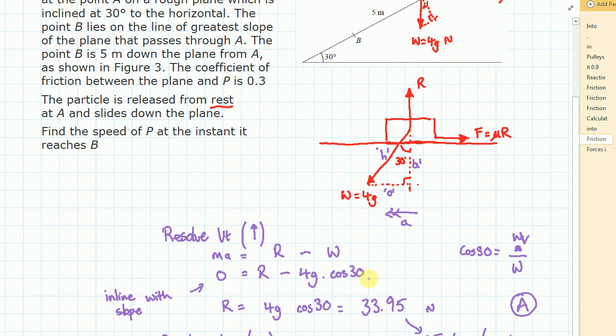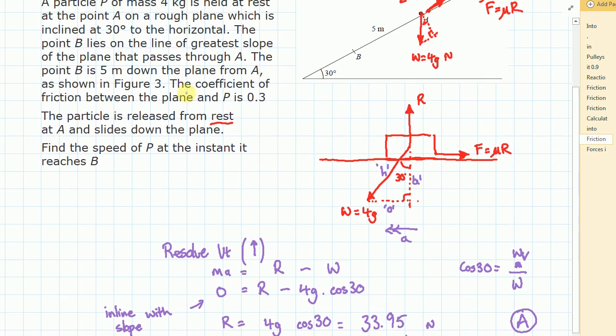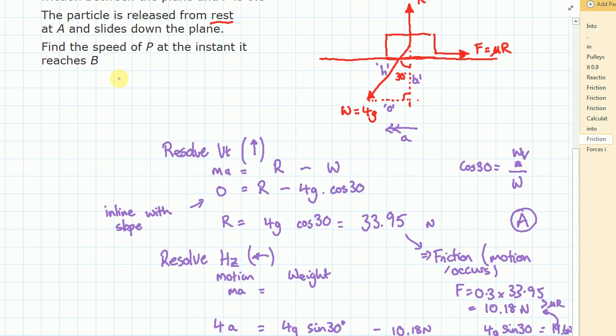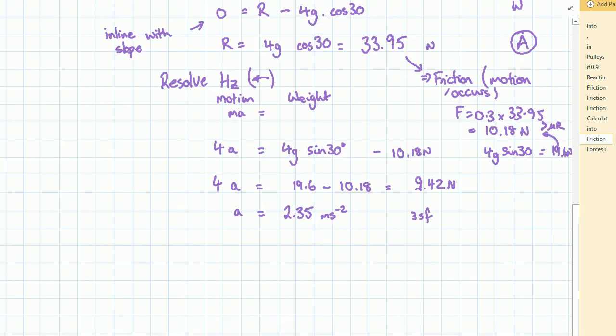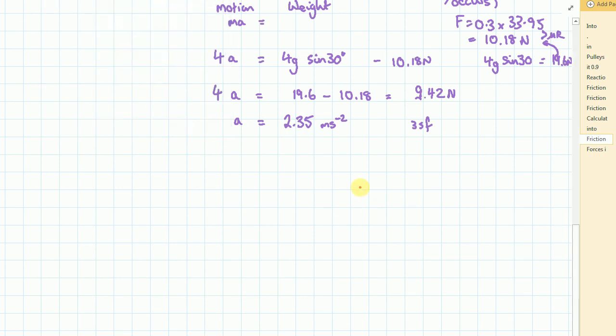Find the speed of the particle at the instant it reaches B. So we need to use that. B, we now know, is 5 meters away. So we're now breaking this into a SUVAT question. Draw the diagram, where we've got A and B, initial velocity is 0, acceleration at this point is 2.35 meters per second squared.